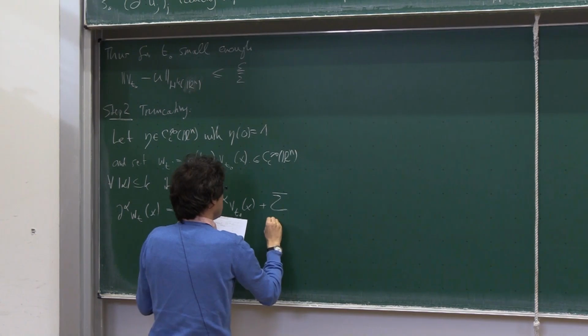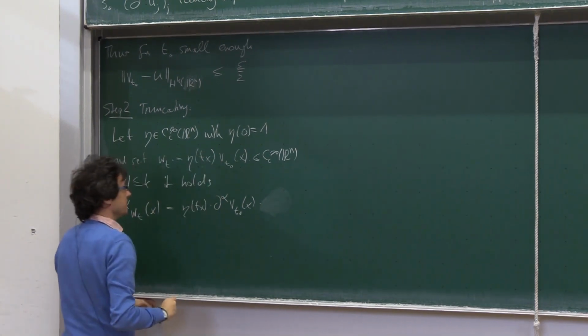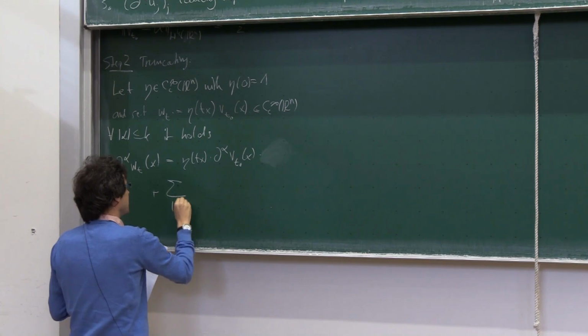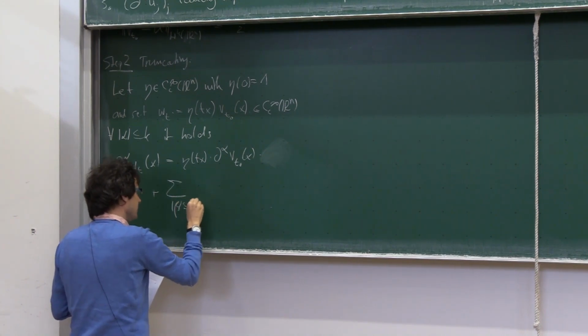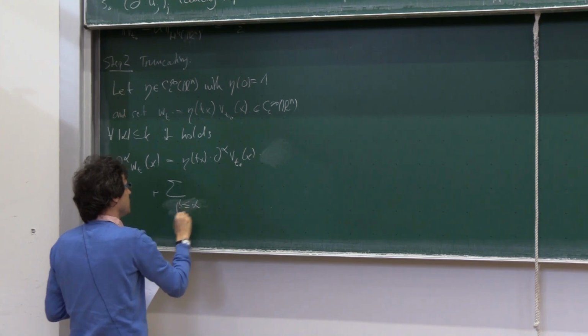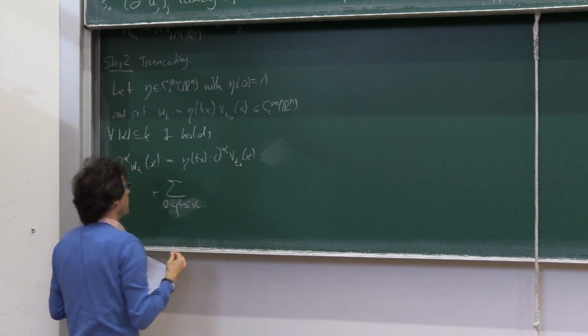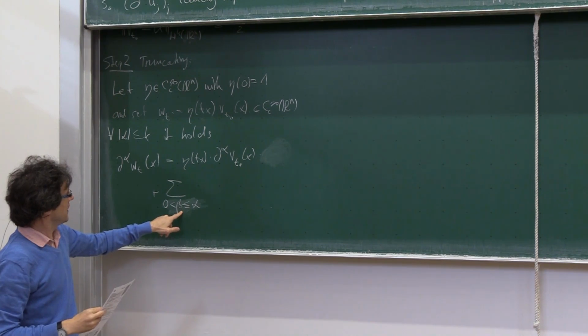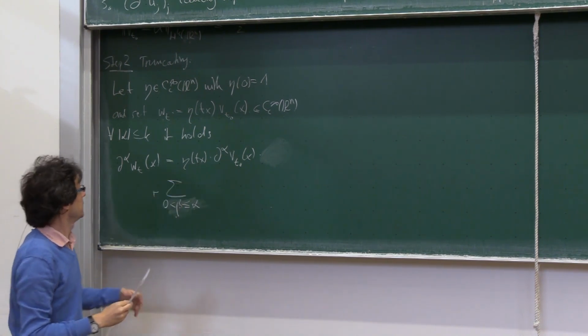So there is a bunch of more derivatives. So plus all the multi-indices beta that are less or equal than alpha, but strictly positive. So the beta equals 0 multi-index would be the one for this one.